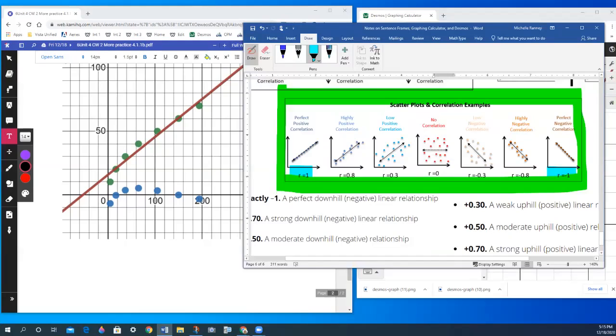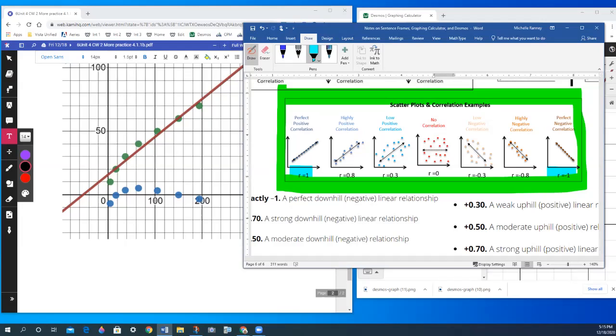So when we're talking about our correlation coefficient, it's between 1 and -1. And 1 means every single point on our positive graph is on our line. And -1 means every single one of our data points is on our line, but it's negative.